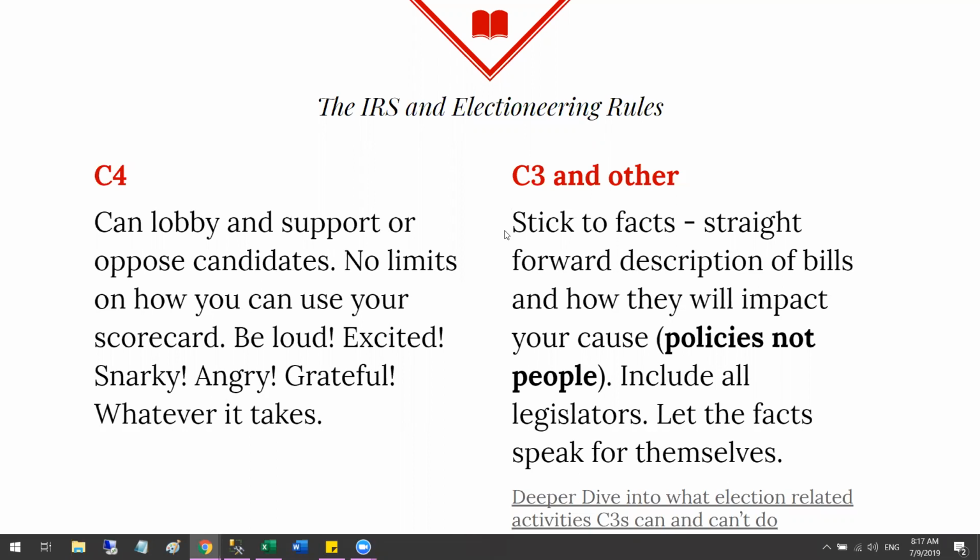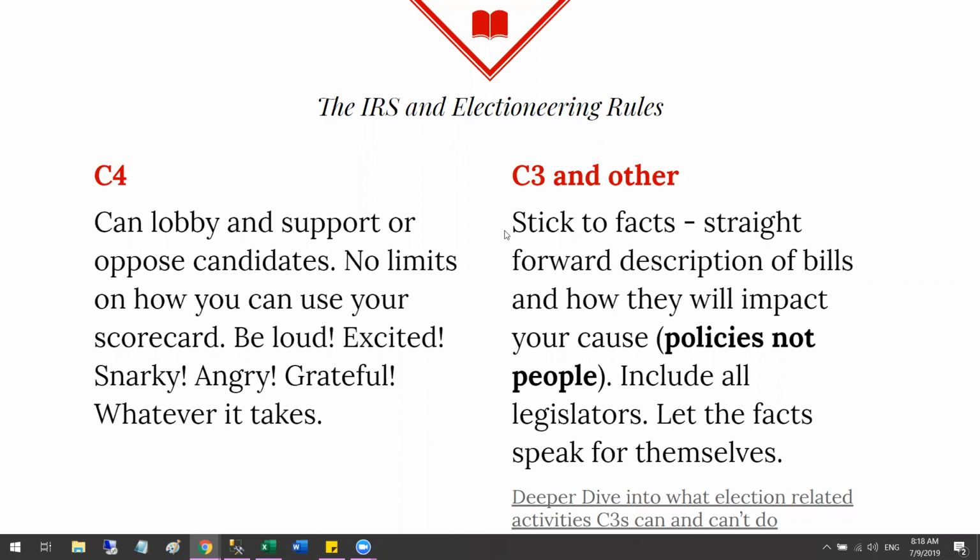As long as you're listing all of the legislators and your descriptions of the bills are straightforward and not loaded with opinion and loaded language, keep it sounding pretty factual about how this is going to impact the thing you care about, and then put in your scores, and then just let the viewer come to their conclusions. That about right, Michael? That's absolutely correct. Good points.